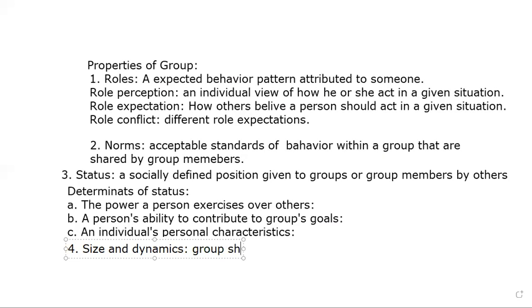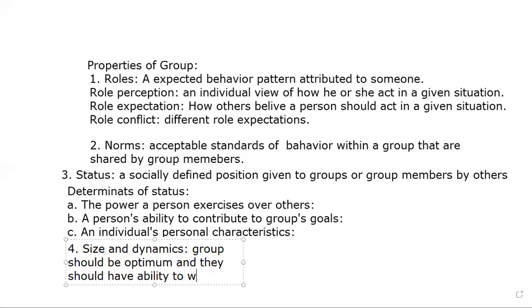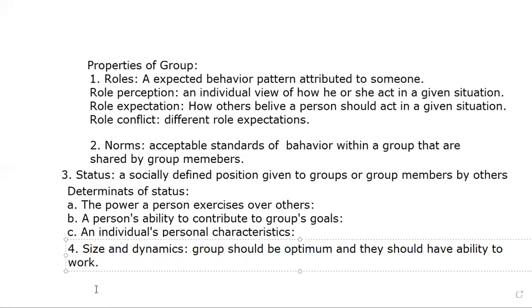The group should be optimum and they should have the ability to work. They must have the capacity to work, and that is called group size and dynamics. So this is the number 4 condition.